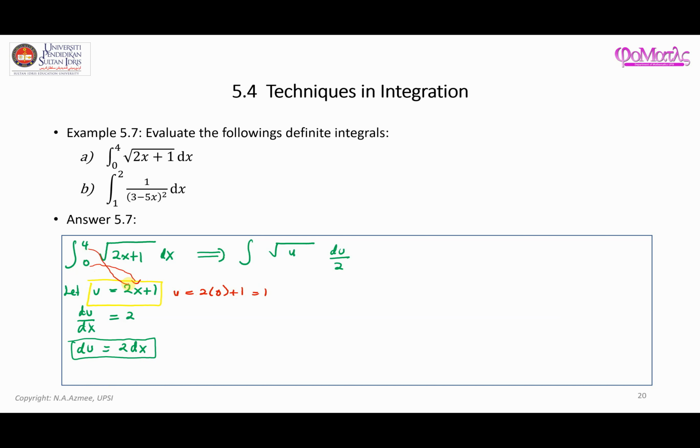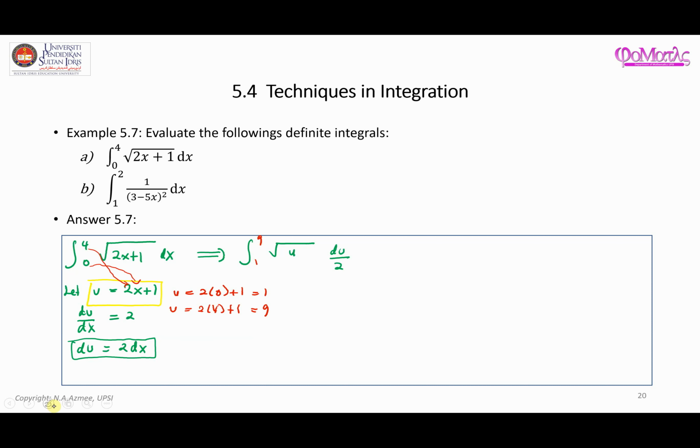Now if x is 4, u will be 2 times 4 plus 1, which is equal to 9. Therefore, the limit with respect to u is going to be from 1 to 9. So that's how you change the representation. This is the new limits with respect to u.